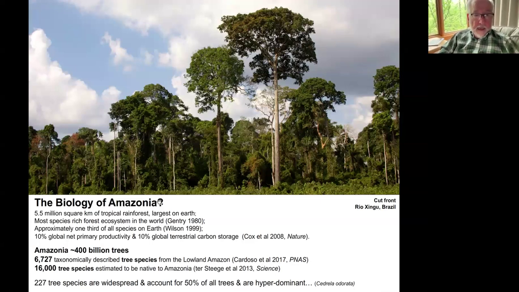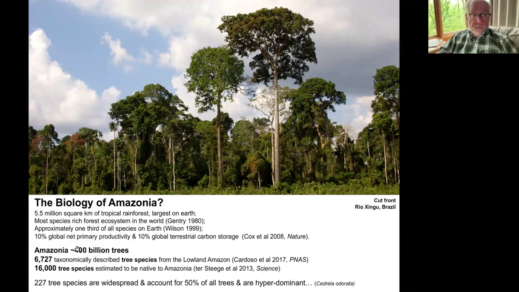But anyway, biology of Amazonia: 5.5 million square kilometers of tropical rainforest, the largest on Earth, the most species-rich forest ecosystem in the world, approximately 1/3 of all species on Earth, 10% of the global net primary productivity, and 10% of global terrestrial carbon storage. Get out of here. Maybe 4 billion individual trees in Amazonia alone.